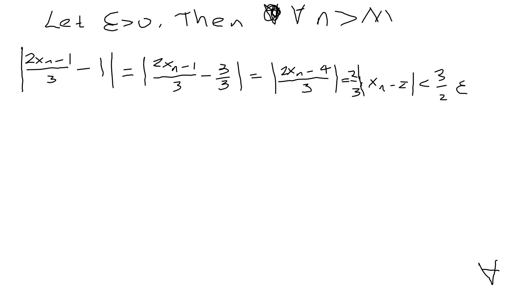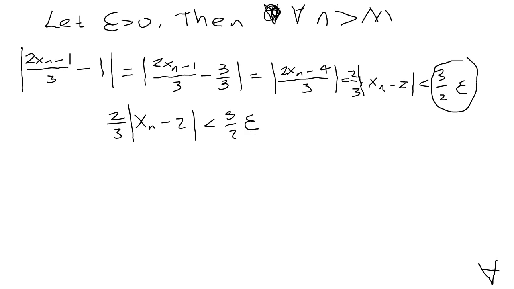But we have just shown that 2/3, remember this thing is our M, you know. 2/3 x sub n minus 2 is less than 3 over 2 epsilon. That's the end that we are using.